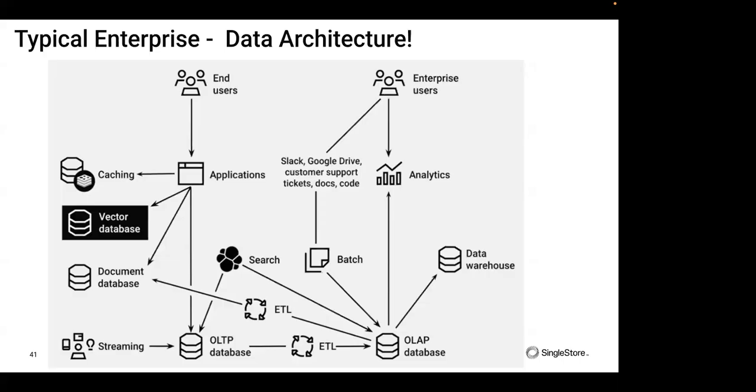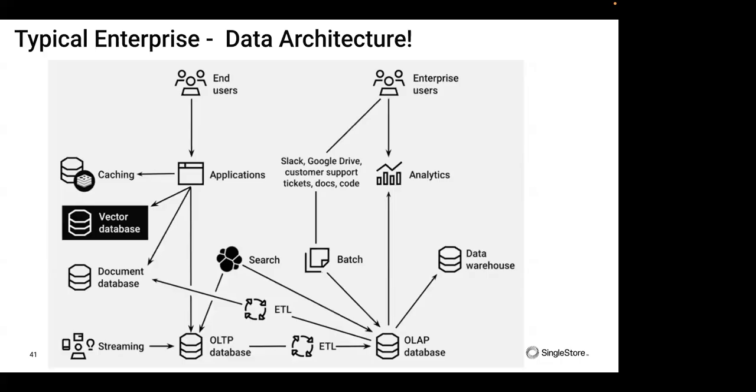You can see this in most enterprises, where they use a lot of databases, which is a real mess. First, they think their customers are running analytical workloads, so they have an OLAP database. After some time, a customer comes and says they have a lot of transactional workloads, so they need an OLTP database.